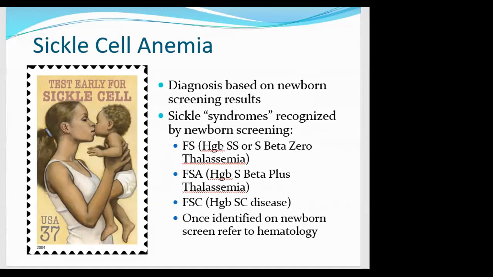So you have hemoglobin SS, and you have hemoglobin S beta 0 thalassemia, you have S beta plus thalassemia, and then you have SC disease. So based on what type of hemoglobin you have in your body and how much of that hemoglobin you have in your body, that determines your sickle cell diagnosis.